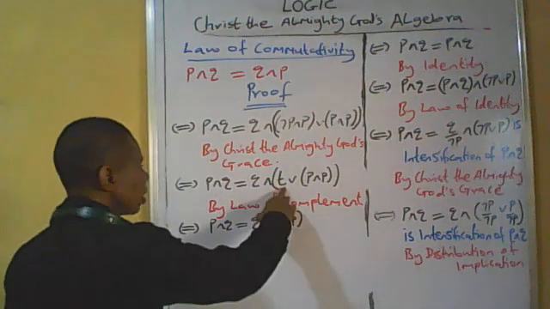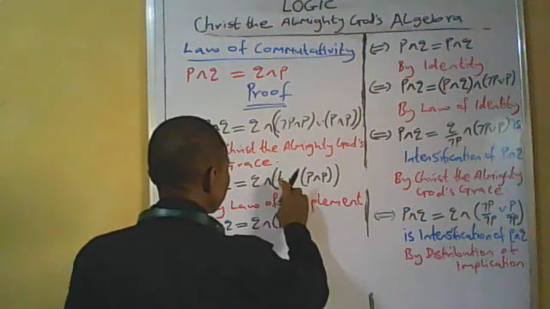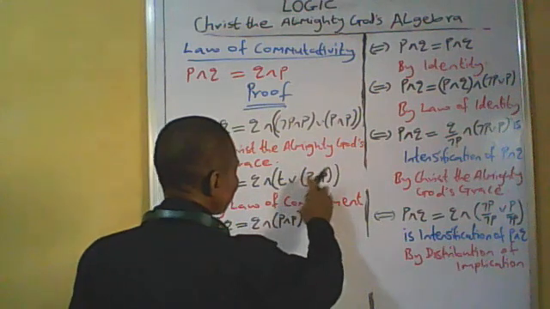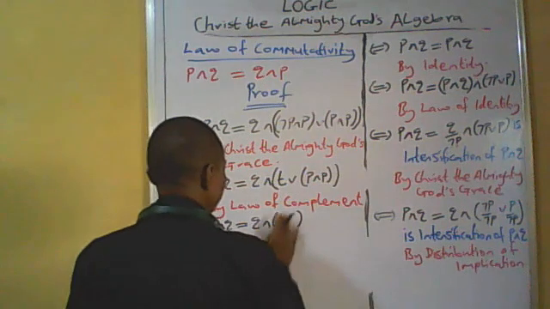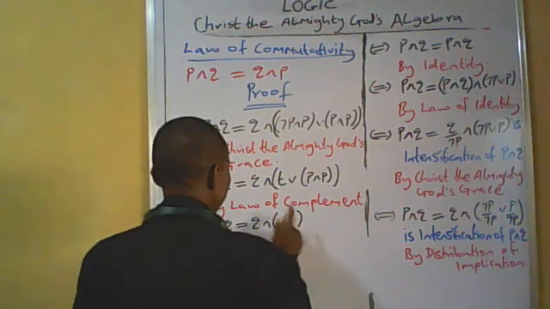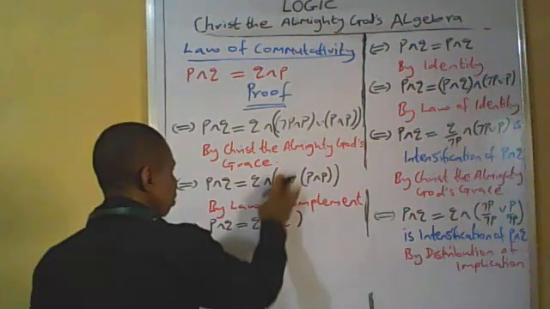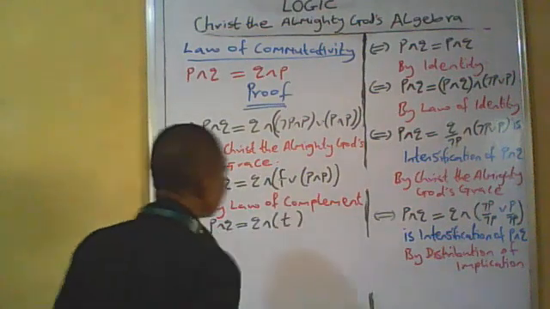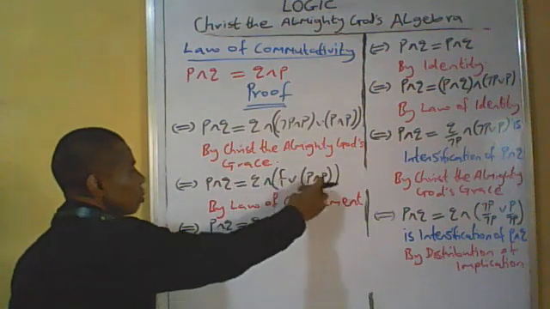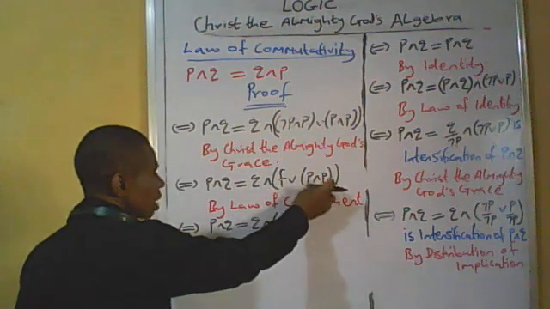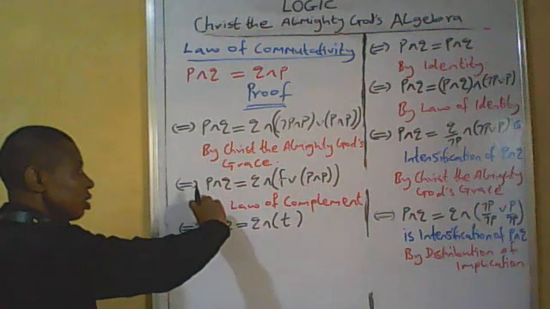So whenever this is T or P and P is equal to T. Sorry, it is F, not T, because this not P and P is equivalent to F, and F or with any term is that term, which is P and P. So it's equivalent to the left hand side of the equation.